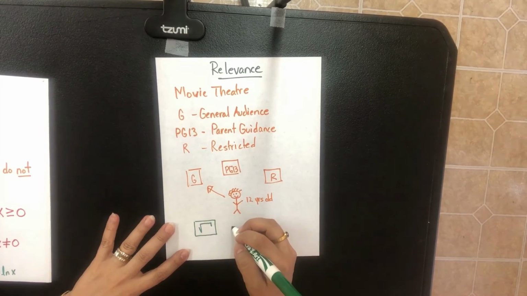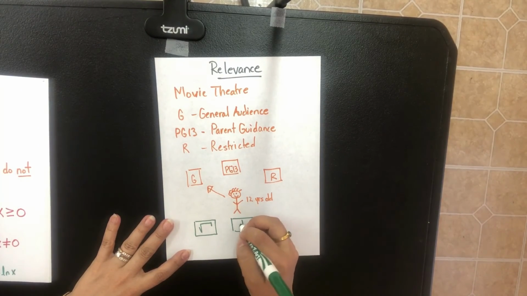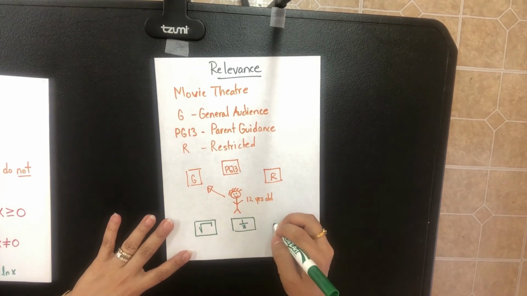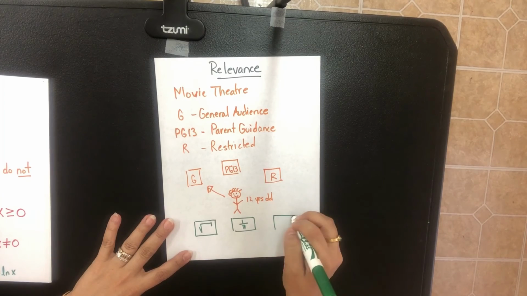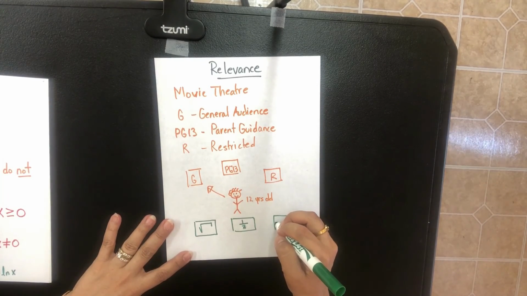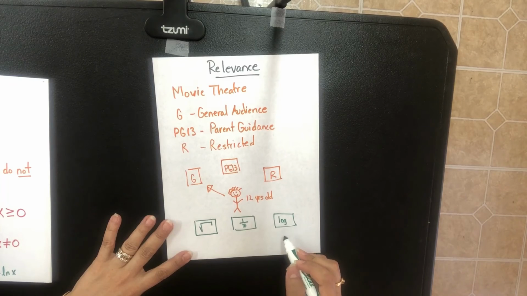Another one is rational functions, the ones that have some kind of fraction, ratio actually. And then the logs. They have the word log. Okay, so these are the issues that you have to be concerned with.